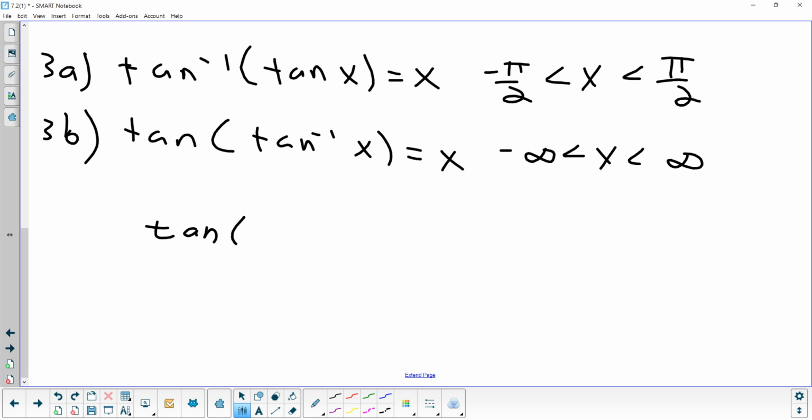So if I typed in the tangent of the inverse tangent of 34.6, what would I get?